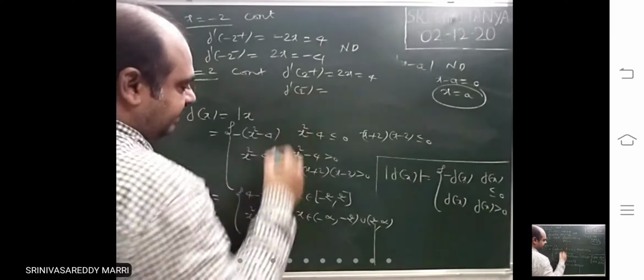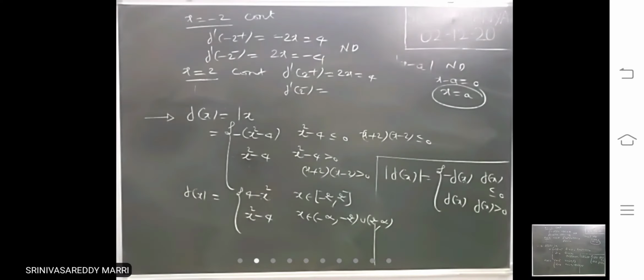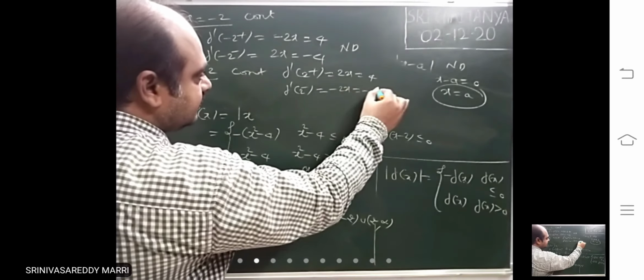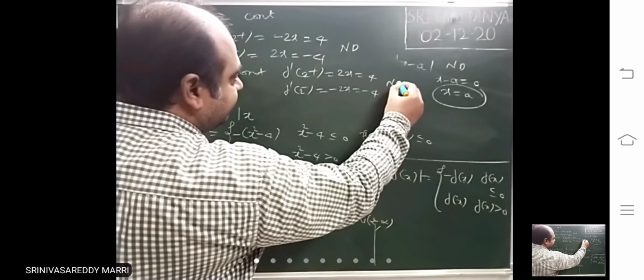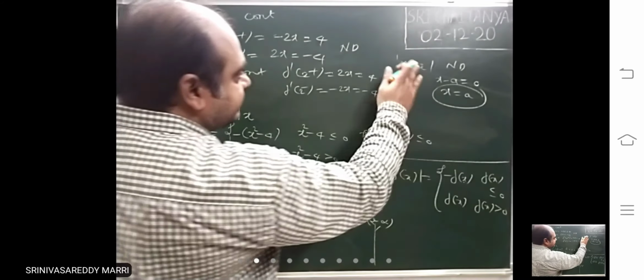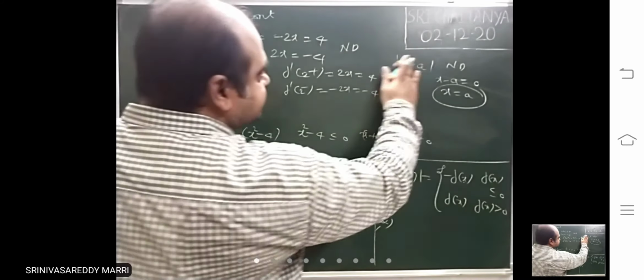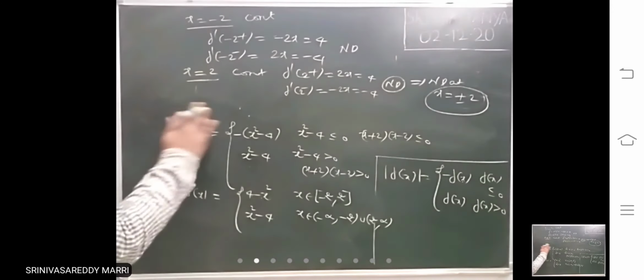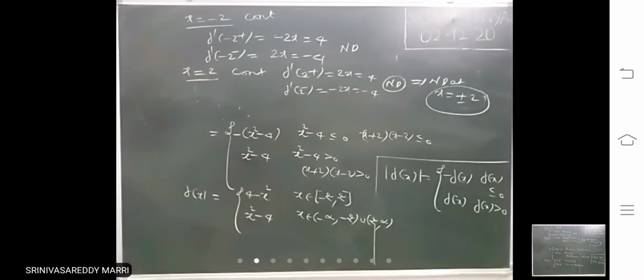F dash 2 minus, for x less than 2, the derivative is minus 2x, that is minus 4. Therefore, not differentiable. That means the function is not differentiable at x equal to plus or minus 2. At only those 2 points, the function will not be differentiable.